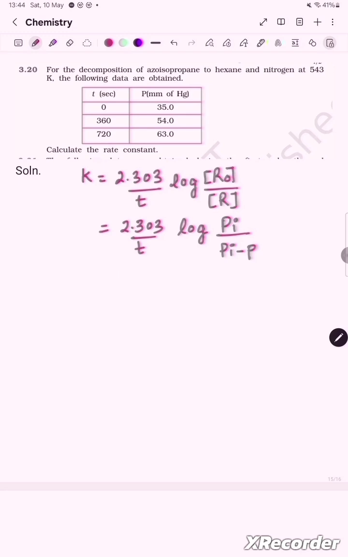First of all, we know that the reaction is from azoisopropane to hexane and nitrogen. So we first write the reaction: azoisopropane reacts to form hexane and nitrogen.